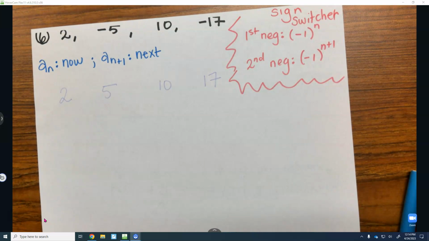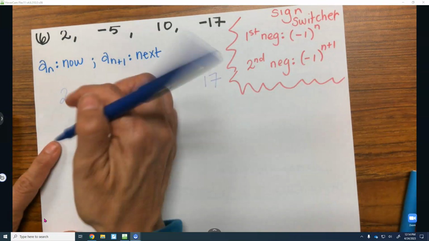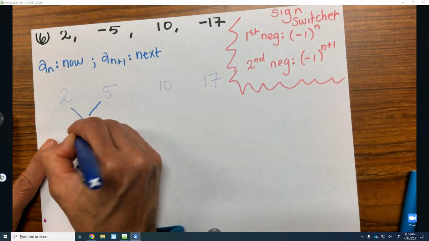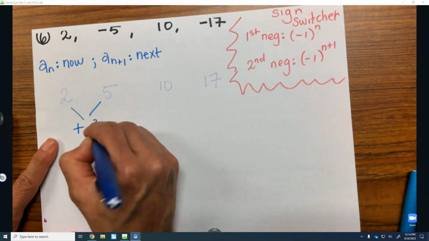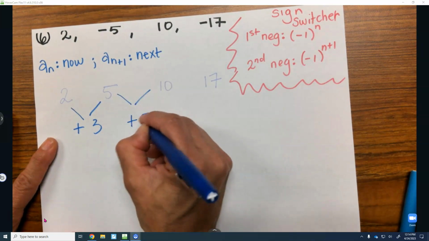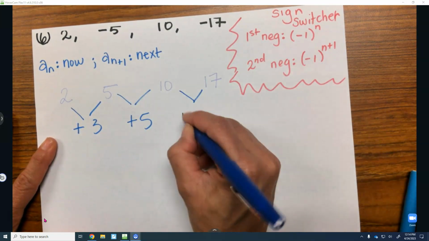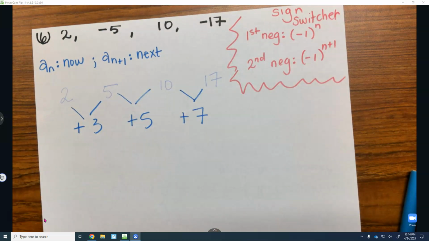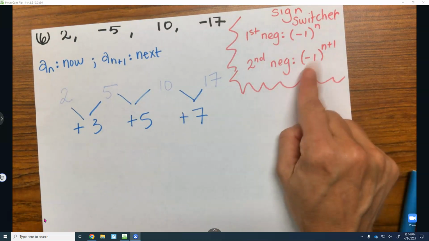Let's find the common difference. So right now, 2 to 5 is plus 3. 5 to 10 is plus 5, and then 10 to 17 is plus 7. Again, we don't care about the negatives. This is going to take care of the negatives for us.